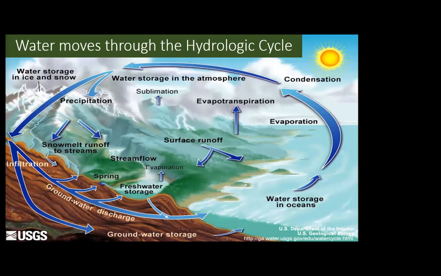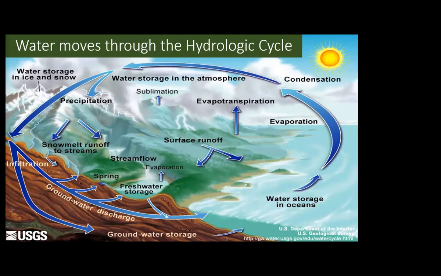It can flow as surface runoff into a larger body of water. It can then enter the groundwater by infiltration. If it's absorbed by a plant, those plants transpire. They have these little cells on their leaves called stomata that open up and release water vapor. So that's another way that it can enter into the atmosphere.